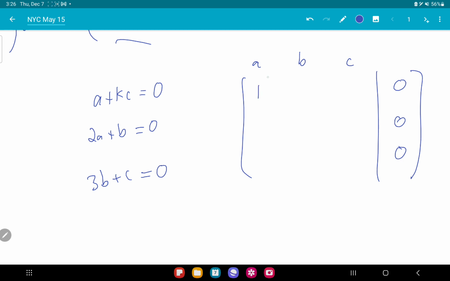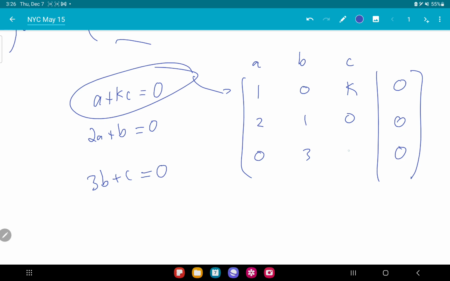I get 1, 0, k coming from this equation. Second equation gives me 2, 1, 0, and 0. And last equation gives me 0, 3, 1.